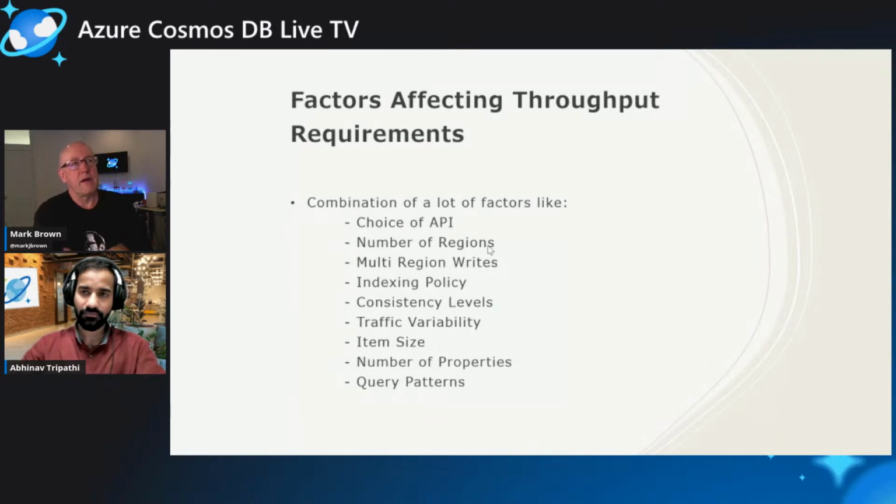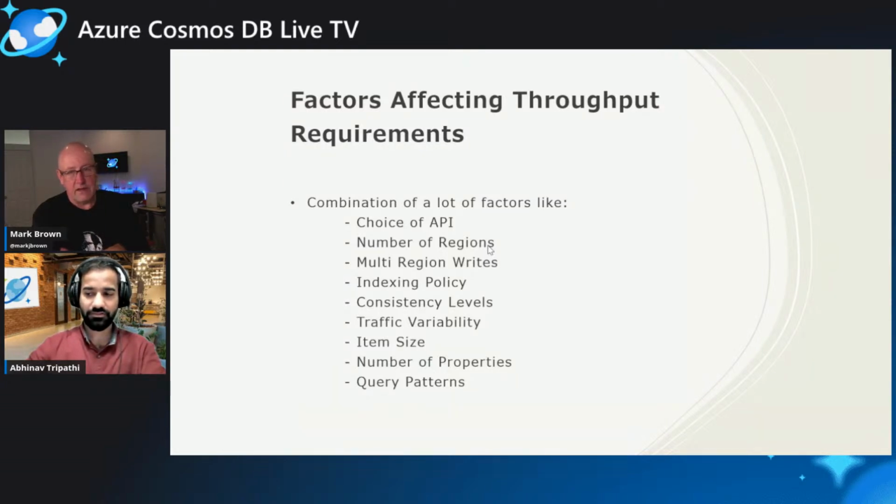Let me back that up. If you have a write heavy workload, you should look carefully at the indexing policy you're using and make sure you're only indexing properties that are being used in your queries, because you can save a fair amount of RU for these write heavy workloads if you do not index properties that are not used. It doesn't make sense; it's just wasteful. The same goes for the number of properties.